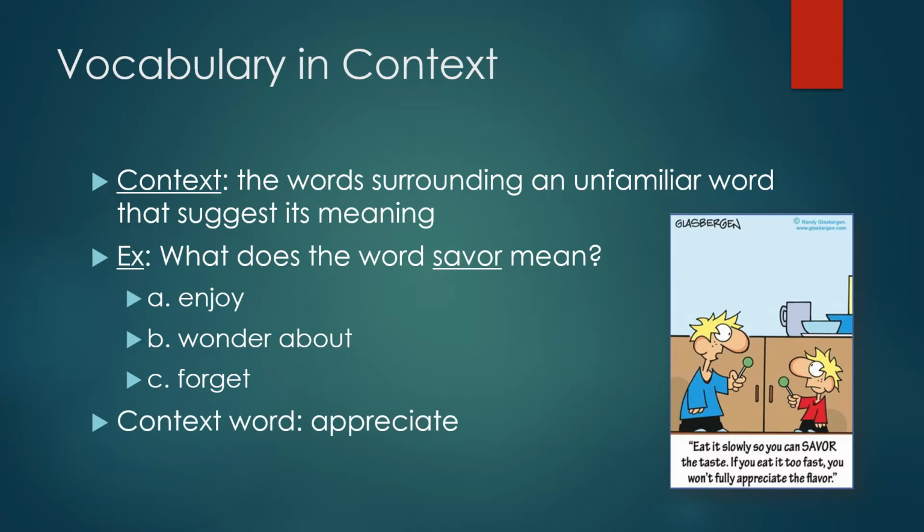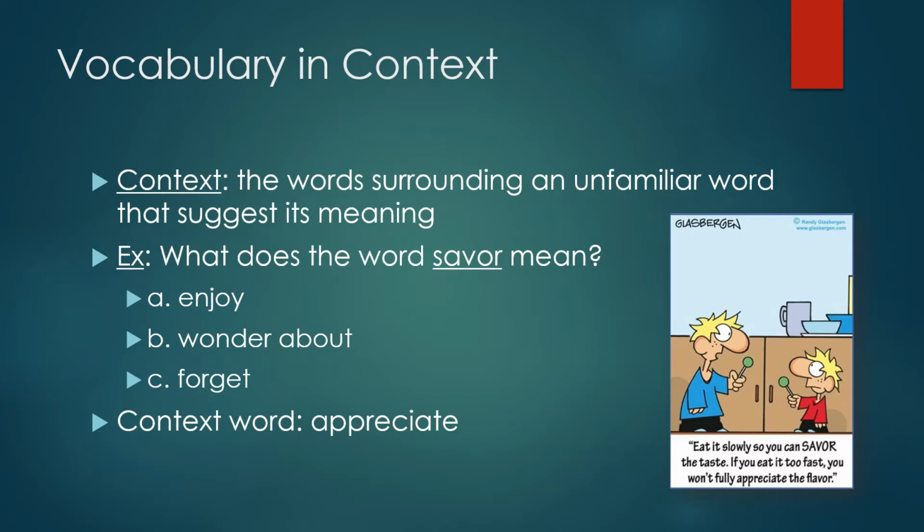If we look at the two sentences as a whole, eating something slowly so you can savor the taste, savoring the taste is another way of saying appreciate the flavor in the second sentence. You're basically seeing the idea restated in a different set of words.